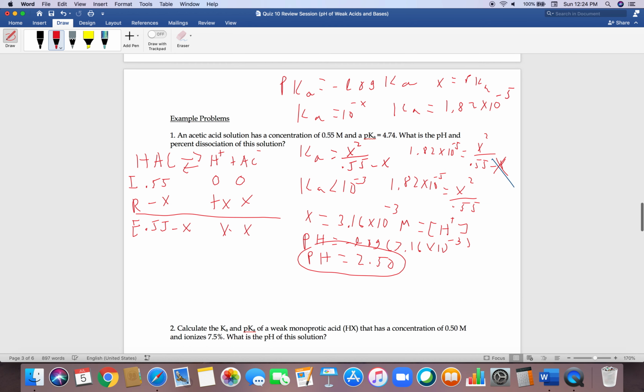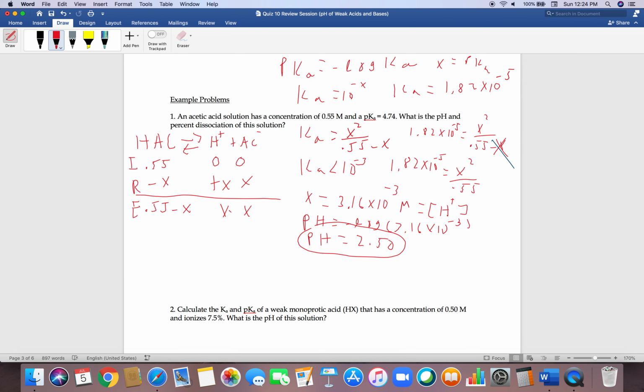And secondly, we're asked to find the percent ionization. The percent ionization is going to equal my H plus concentration over my undissociated acid. So that's going to equal the 3.16 times 10 to the negative third over the 0.55 molar of acid times 100.